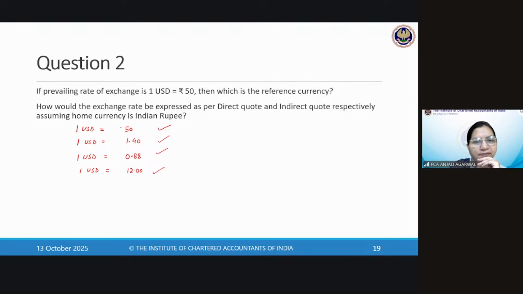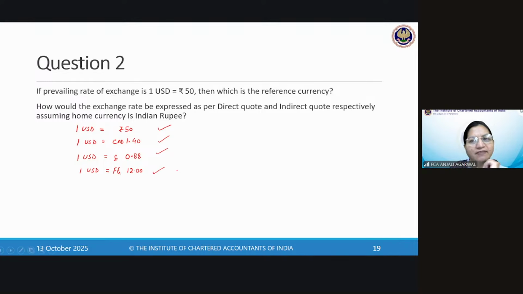Why? If this is against rupee, if this is against Canadian dollar, if this is against, let's say, pound, if this is against, let's say, French francs.